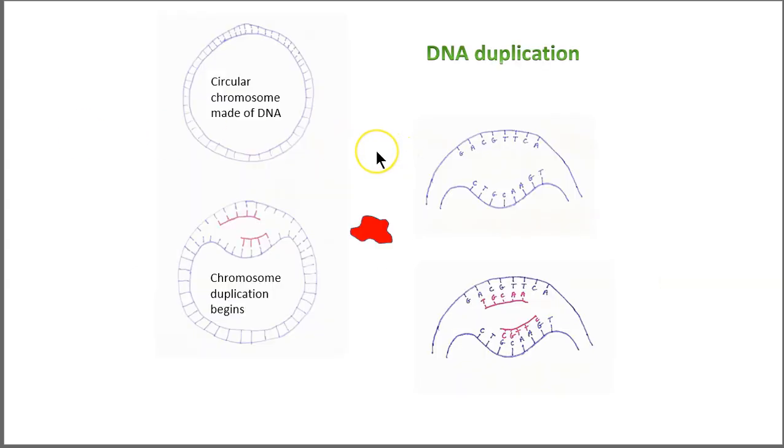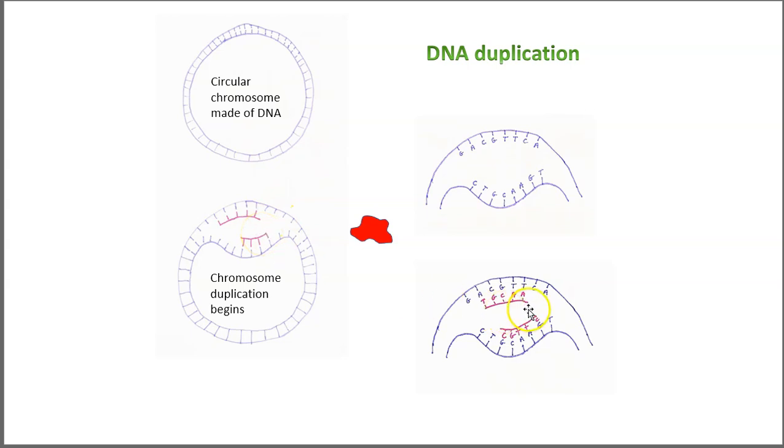Let's recap the process of DNA duplication. So bacteria have a circular chromosome, and there might be a few thousand genes encoded in this circular piece of DNA. Remember, a gene is that sequence of DNA that is a recipe to build one particular protein. Of course, when the bacteria is preparing for cell division, it's got to duplicate its chromosome.